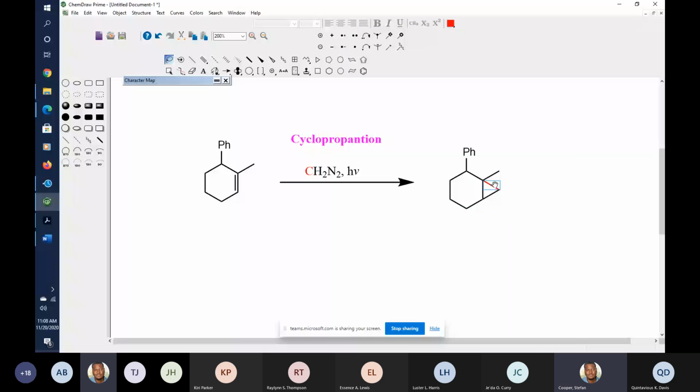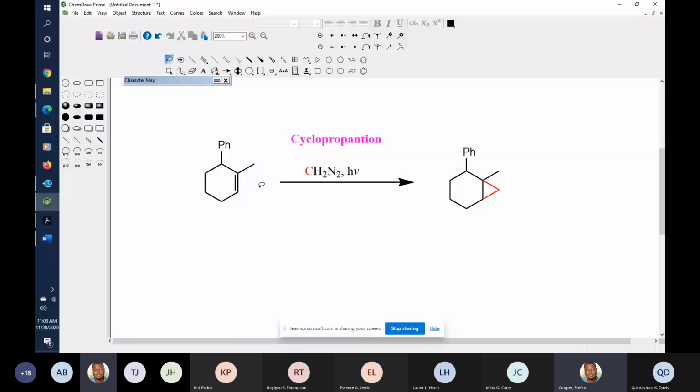There's one atom being added to this ring, but both carbons of the double bond get addition to that carbon. So regioselectivity is not a concern, because both carbons of the double bond get the same atom. What goes where is not a question here.